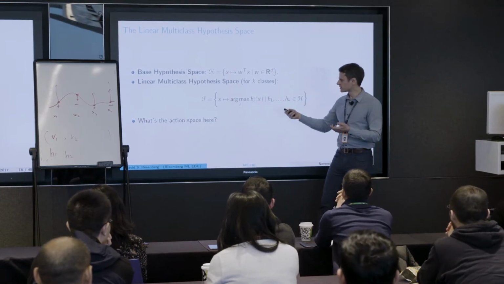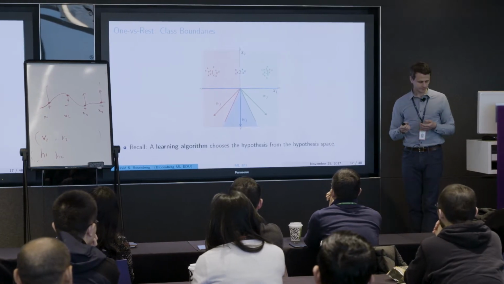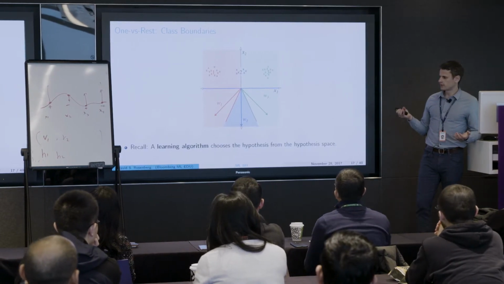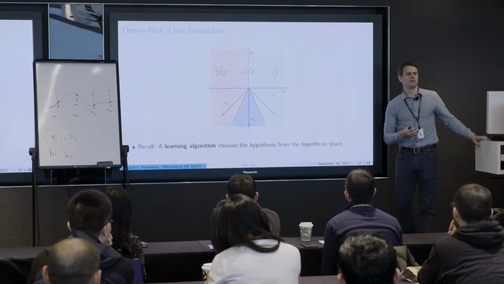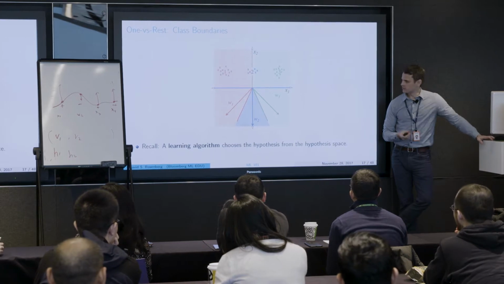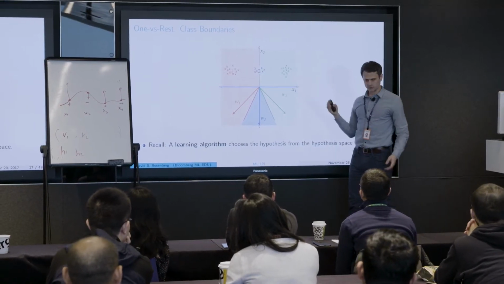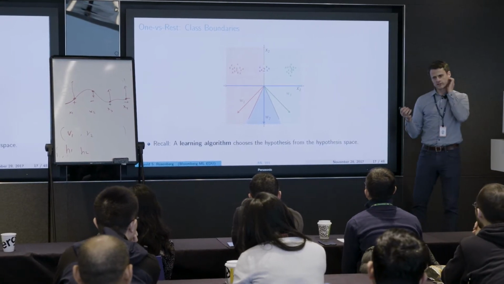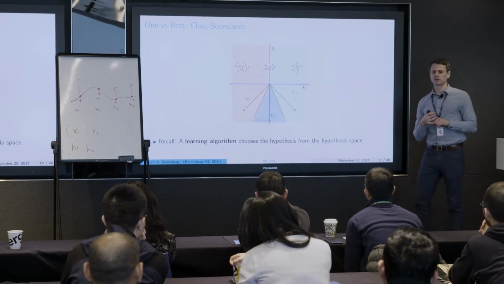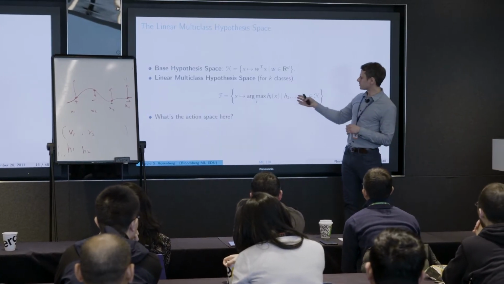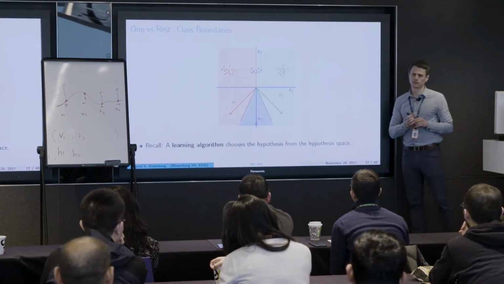And that's how we're fitting the H's. And that's how we're getting a function from this hypothesis space. So it's the learning algorithm that is choosing this final prediction function. And the question is, is it the learning algorithm not being good enough that led us to this type of prediction failure? Or is it the hypothesis space itself? Or is it the case that there's no hypothesis in this space that allows us to predict this all correctly? That's the question.